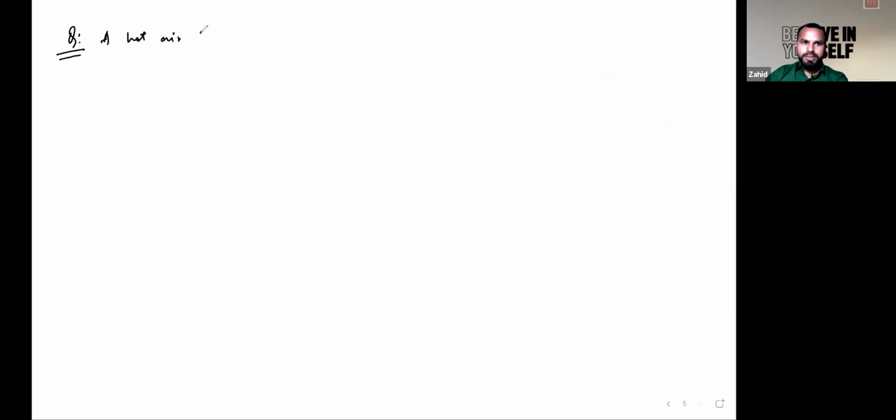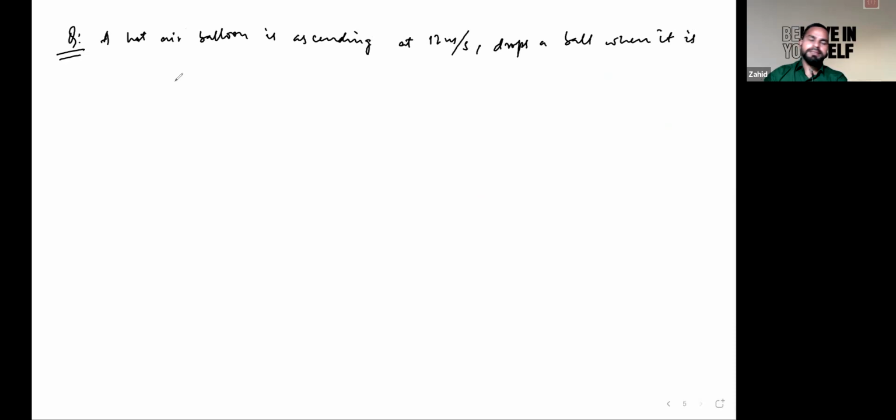Let's say a hot air balloon is ascending at 12 meters per second and drops a ball when it is 65 meters above the ground.